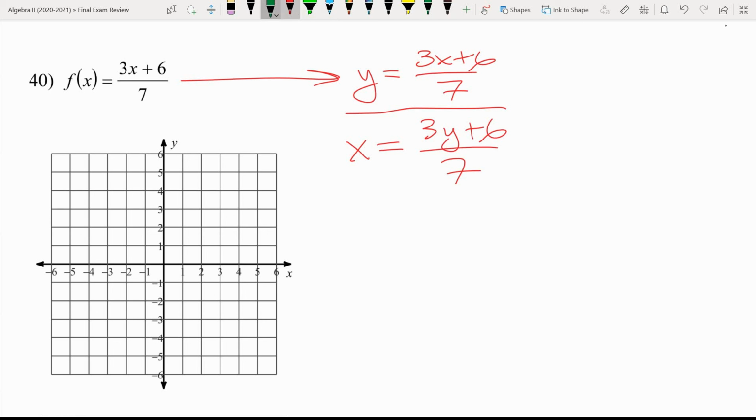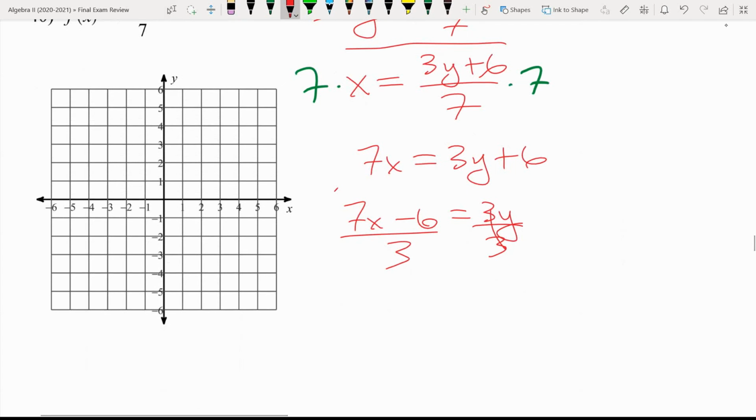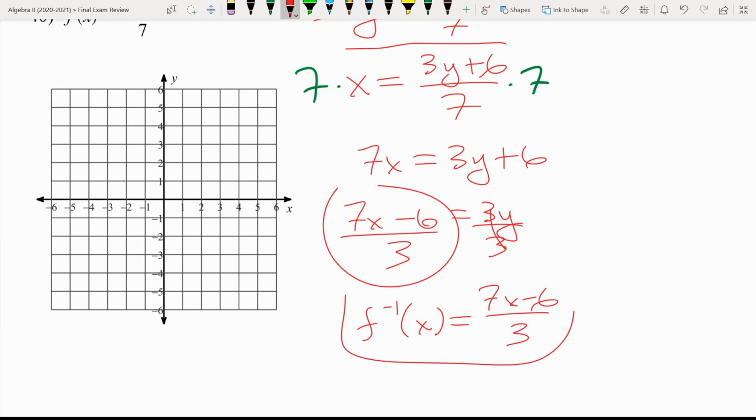So I'm just going to multiply both sides by 7. So this turns it into 7x equals 3y plus 6. Subtract the 6 from both sides, so that makes 7x minus 6 equals 3y. Divide everything by 3, and that is your answer there. So that is your f inverse of x equals (7x minus 6) over 3.